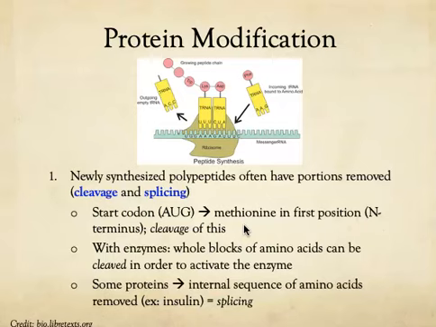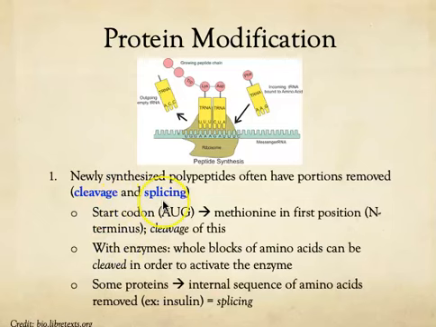This methionine is going to get removed from every protein. We refer to this as cleavage. Now, the word cleavage tells us that an amino acid or a group of amino acids are sitting at one end of the polypeptide or the other and are being removed.